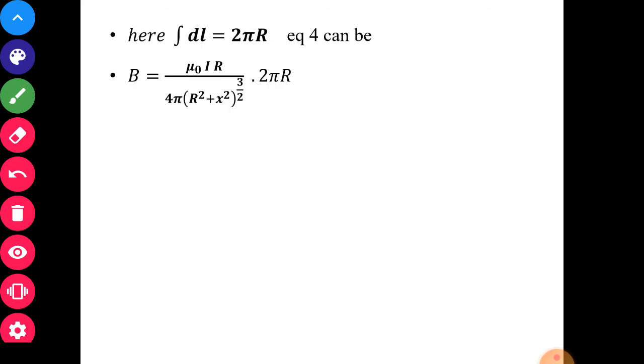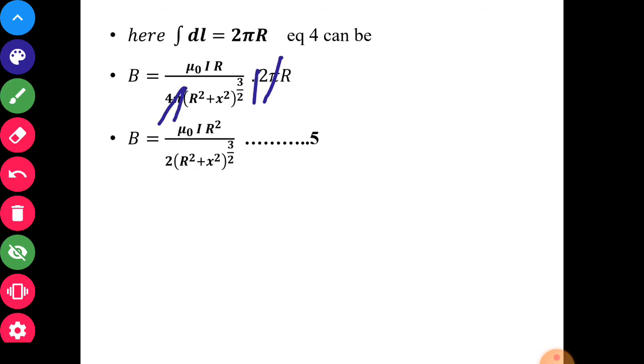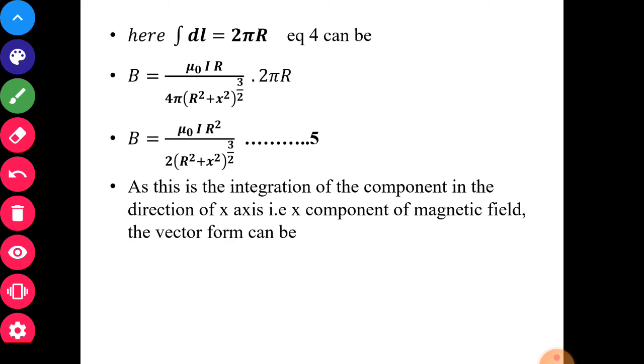There will be a cancellation of pi, and the 2's and r can be cancelled. So it becomes mu 0 I r square upon 2 into r square plus x square raised to 3 by 2.